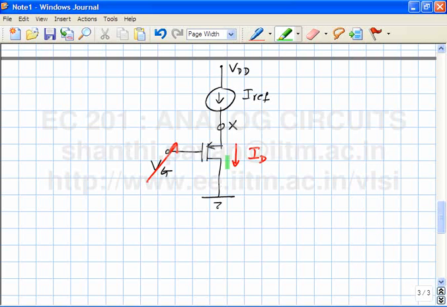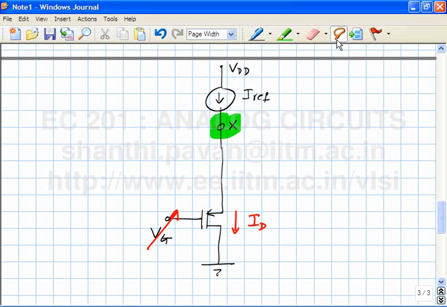Now if the potential at node X is increasing, what does it mean? Iref is much larger than ID, or ID is too small, which basically means that VG is either too large or too small? Too large. So I must go and reduce VG. In other words, what I need to do is to compare the node potential at X with some fixed reference, and do what?